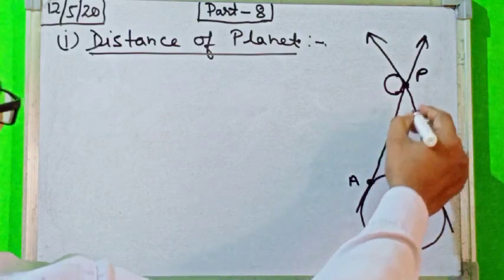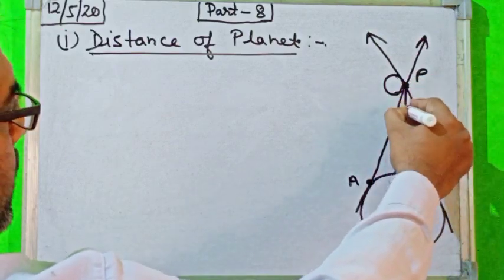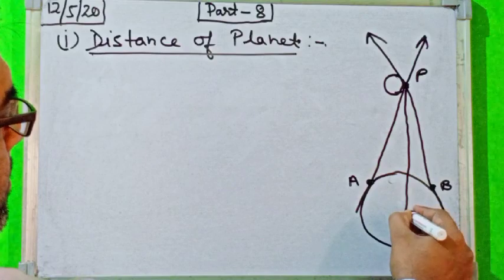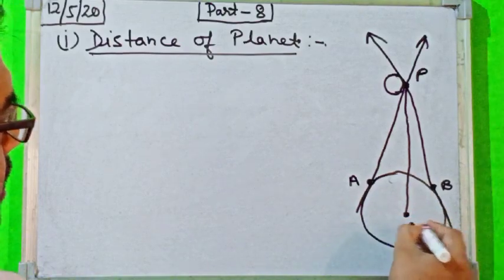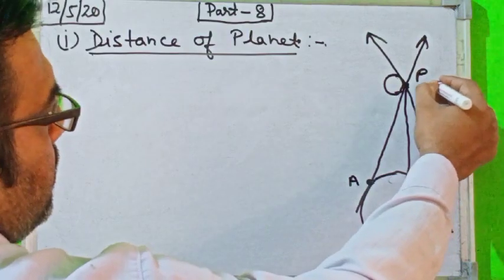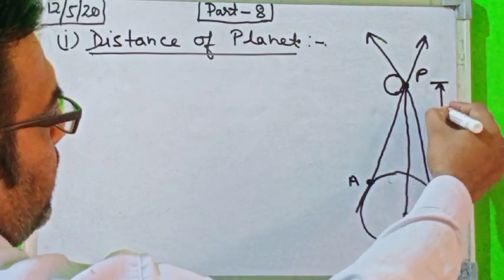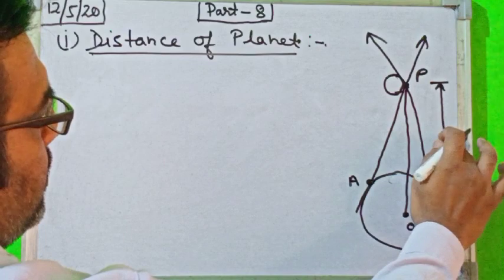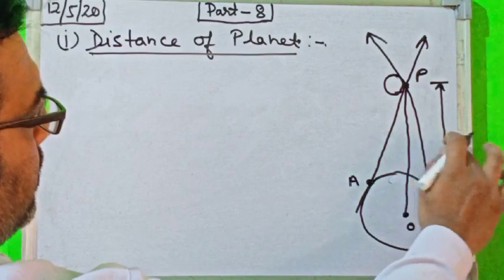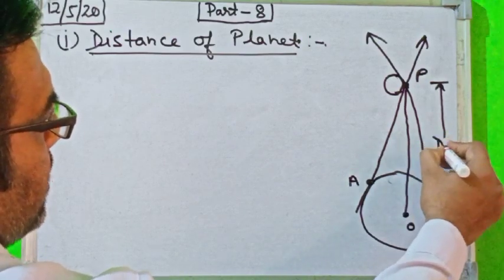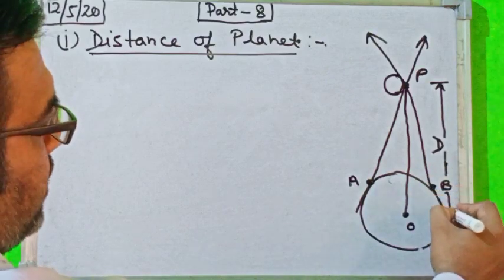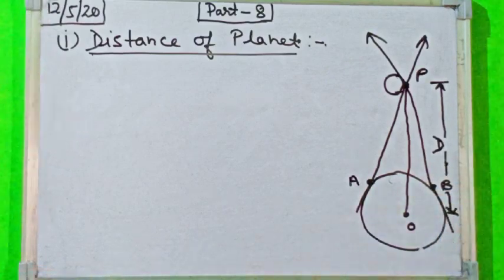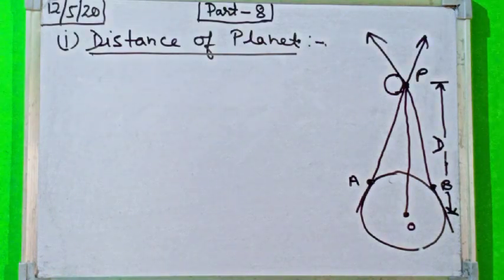Now this is the center O of the earth. From the planet, this distance is capital D. With this distance we have to find this distance. Capital D we have to find.